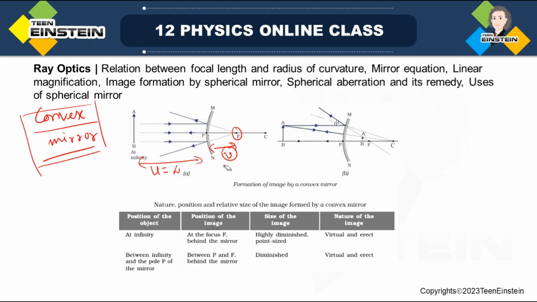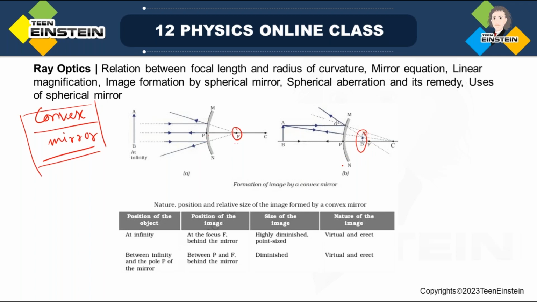All right, so the image is actually formed behind the mirror. This is a virtual image. It will be erect but diminished. If you bring the object closer to the mirror or pole, you will still see a very diminished, virtual image, produced behind the mirror. It will be erect and diminished in size.